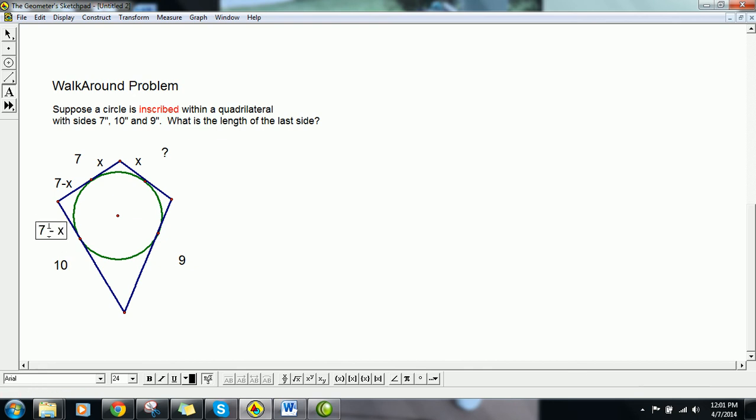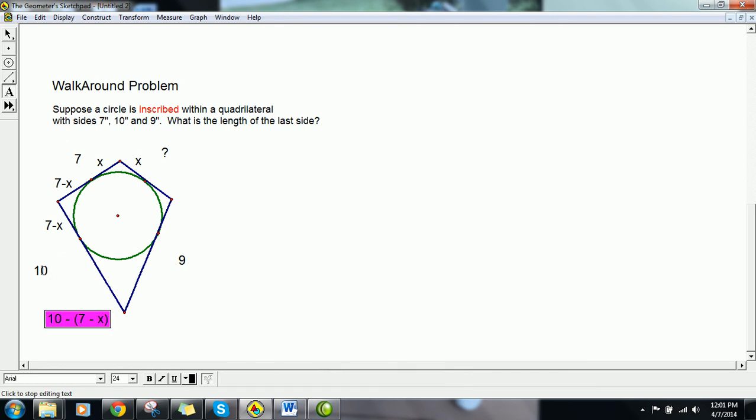And so we're going to continue to walk around in the same manner and name each particular piece. Now, here's where it gets a little tricky. If the whole side is 10, and part of that side, which is a tangent, is 7 minus x, what's this piece called? It's the whole, which is 10, I'll write it off to the side, minus the quantity, the piece that I know, 7 minus x. Right?